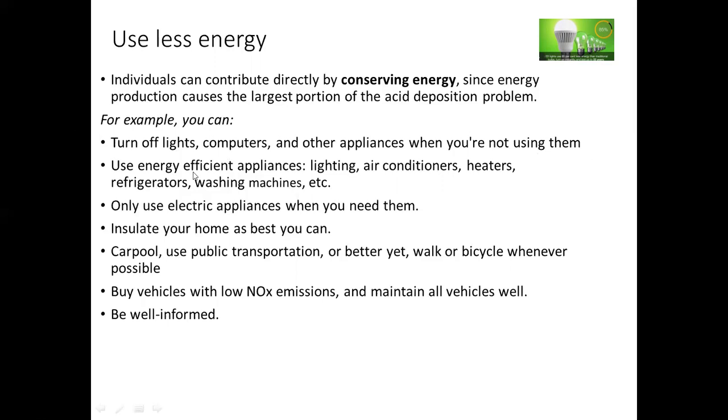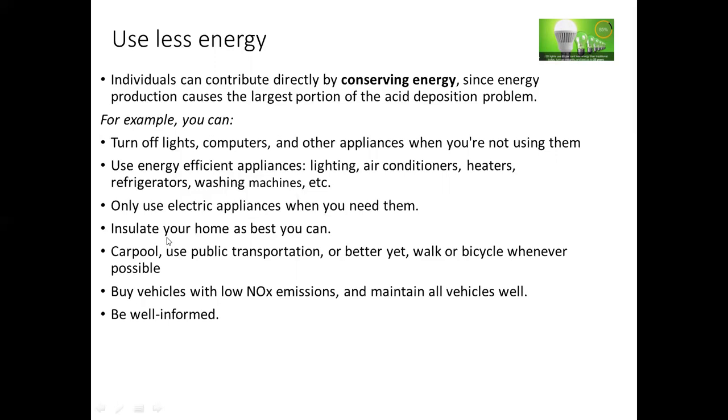We can use energy efficient appliances for lighting, such as LED bulbs instead of CFL bulbs, or CFL bulbs instead of tungsten bulbs. We cannot avoid using air conditioners, or heaters in cool countries, but we can avoid using refrigerators, and do washing by ourselves. We can use electric appliances only when we need them. Likewise, we can conserve energy.